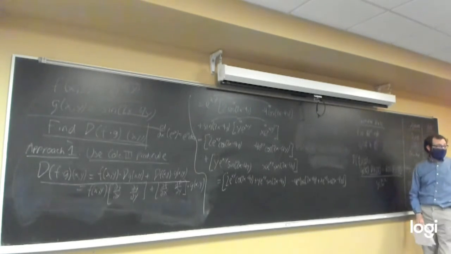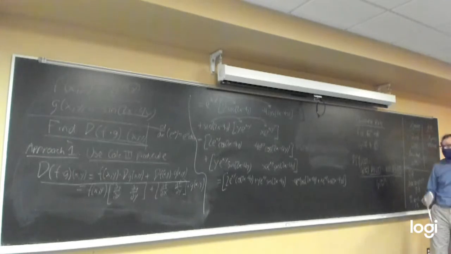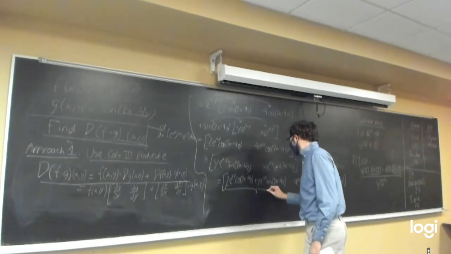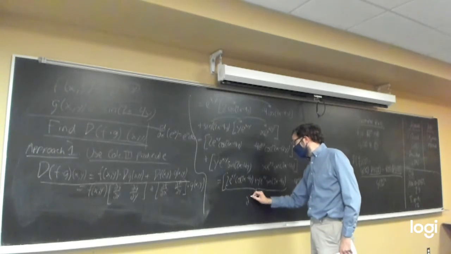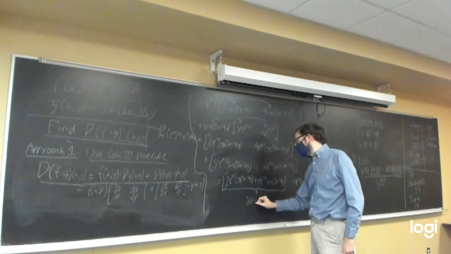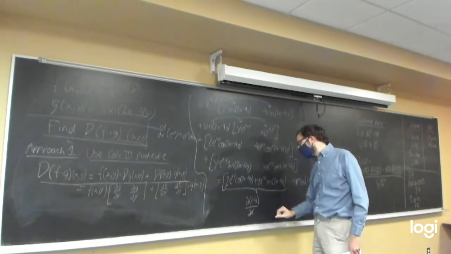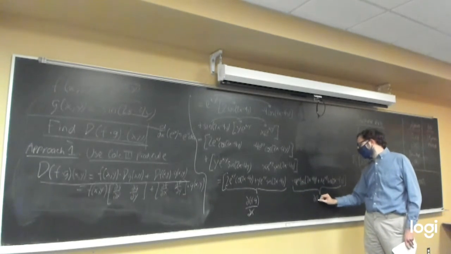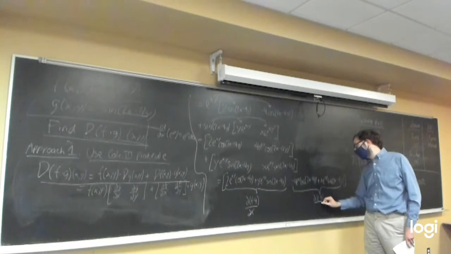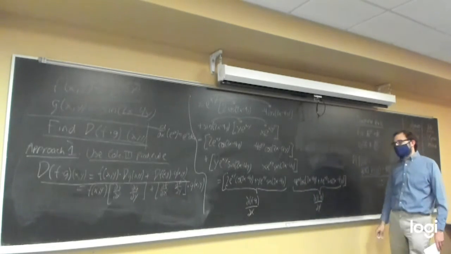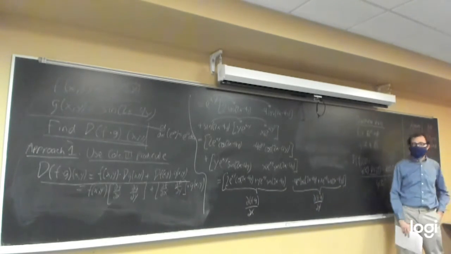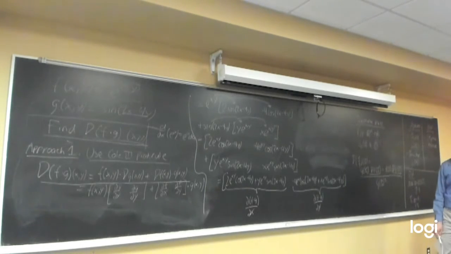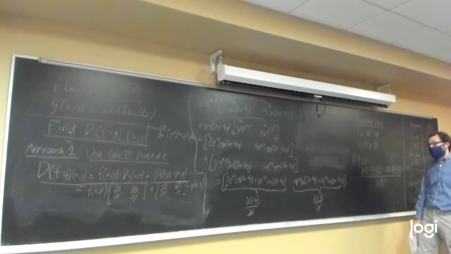For the derivative of f times g, we get this 1 by 2 matrix, where this component is the partial derivative of f times g with respect to x, and this component is the partial derivative of f times g with respect to y. It ends up being a little bit nasty looking in the end.